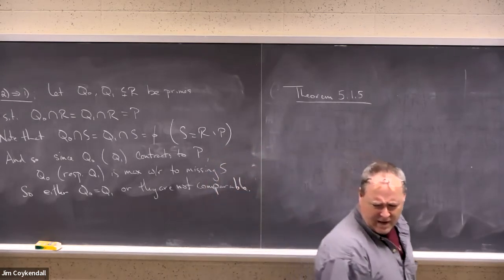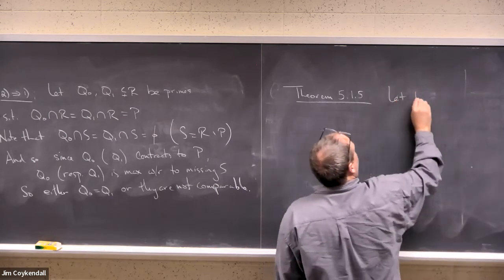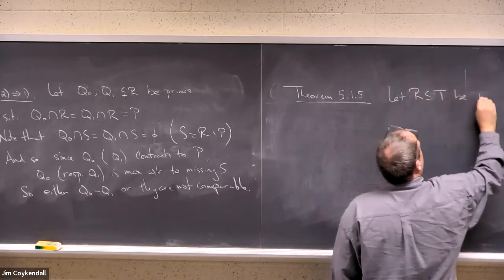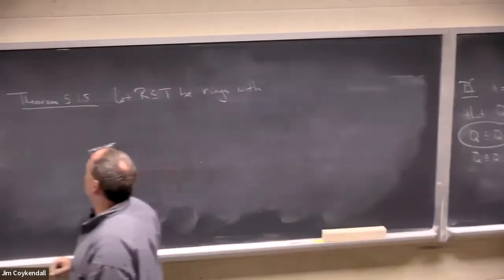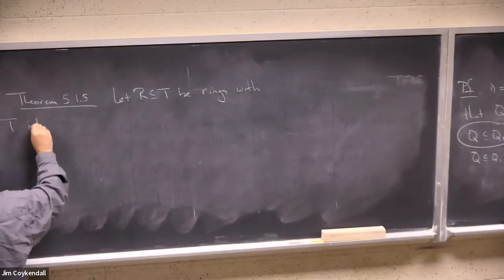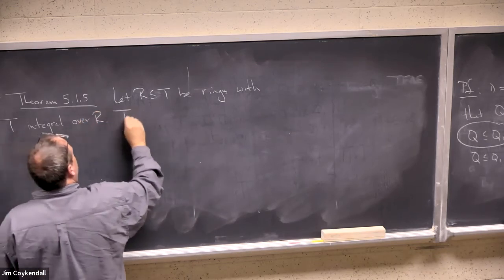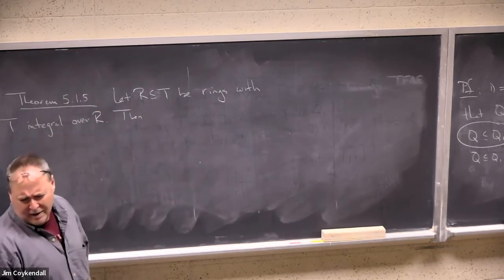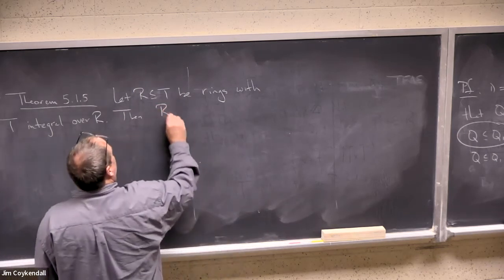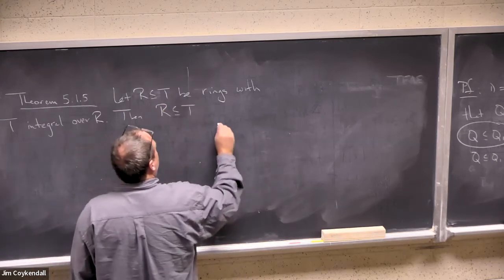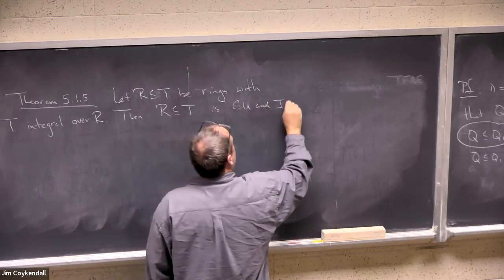Let R inside T be an extension of rings, with T integral over R. Then R inside T is going up and incomparable.